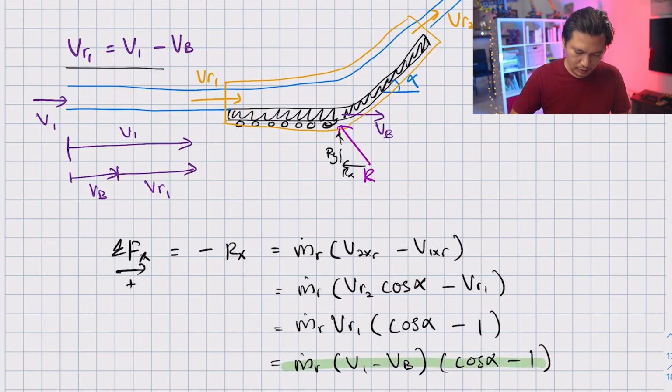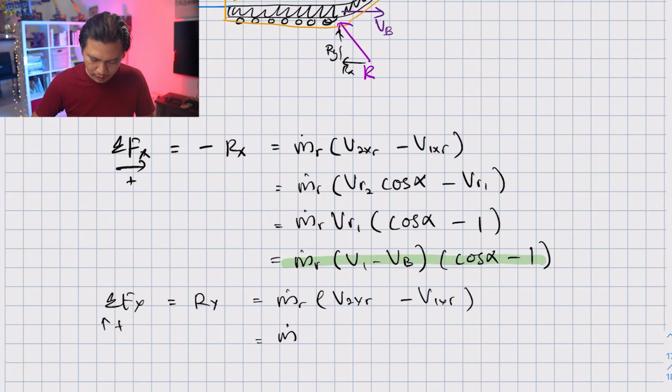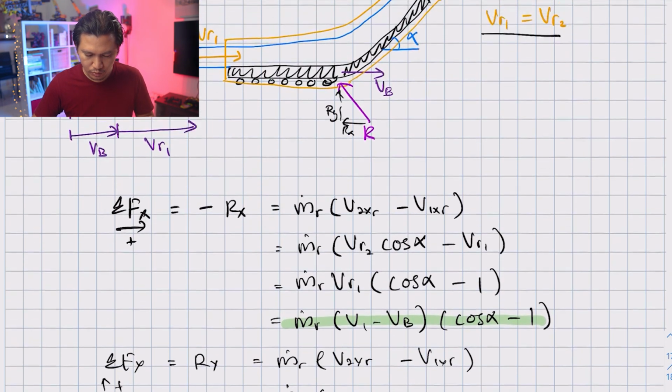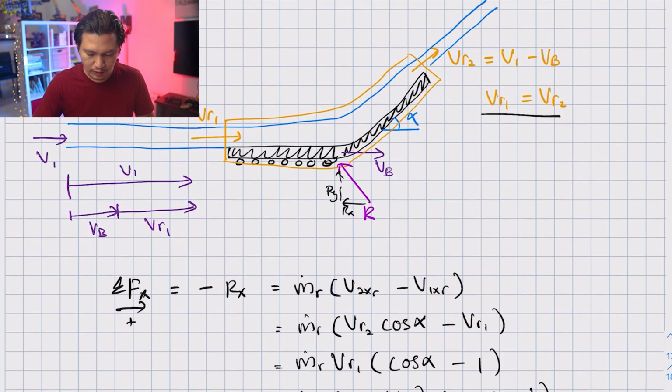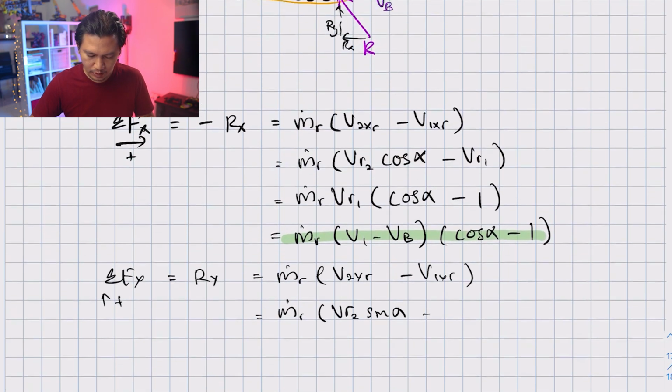And what about our summation of force in Y direction? Positive is upward, equal to Ry, equal to m dot r times v2yr minus v1yr. So what is our v2yr? v2yr is this one, so that is VR2 sine alpha, minus v1yr.